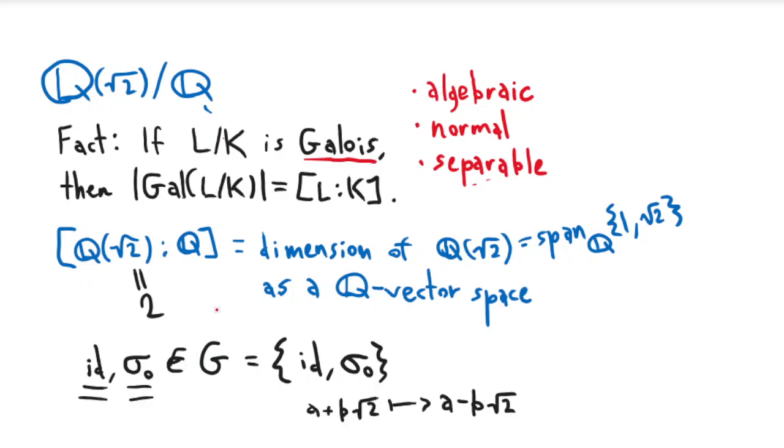And up to isomorphism, there's only one group of order 2, which is Z mod 2Z. So that actually tells you that G is Z mod 2Z.